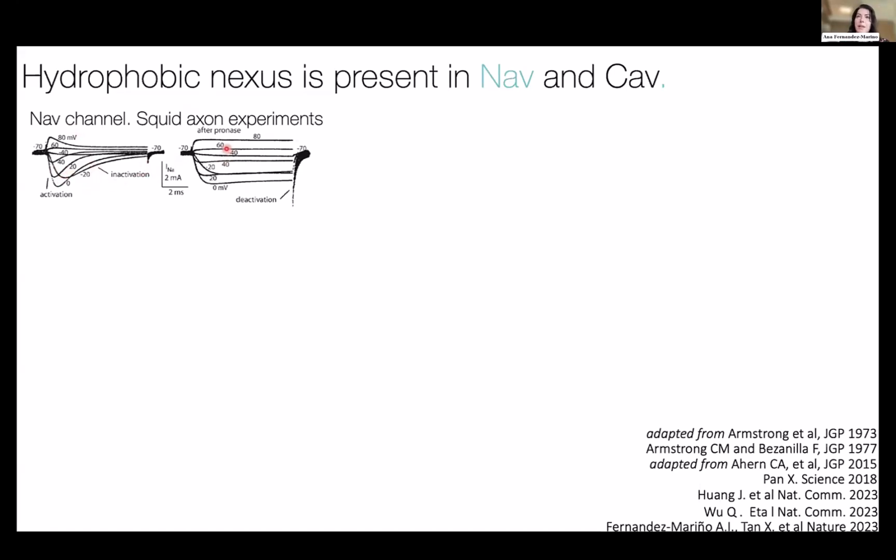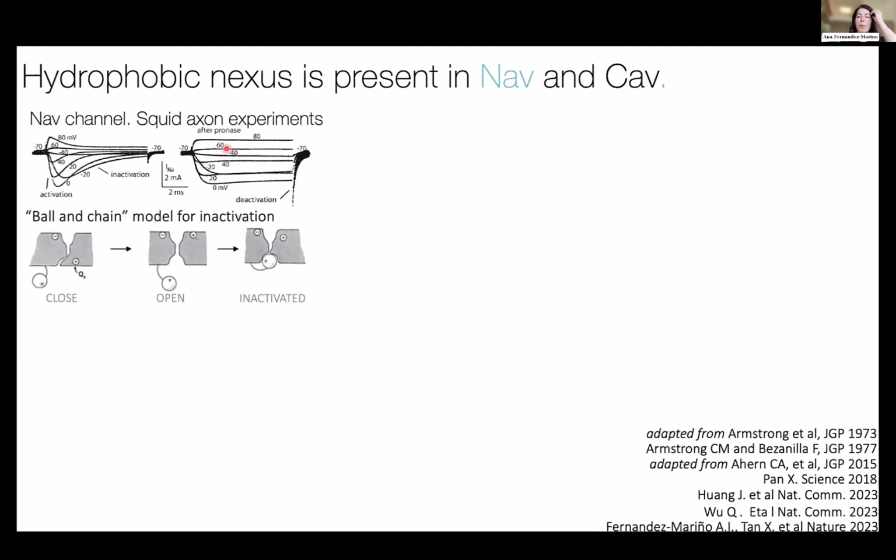I'm going back to this because that is why they proposed the ball and chain mechanism, like Clay Armstrong and Pancho Bezanilla proposed this model a few years later, where an intracellular part of the channel will physically block the pore, and that will stop the ionic flow on the channel.